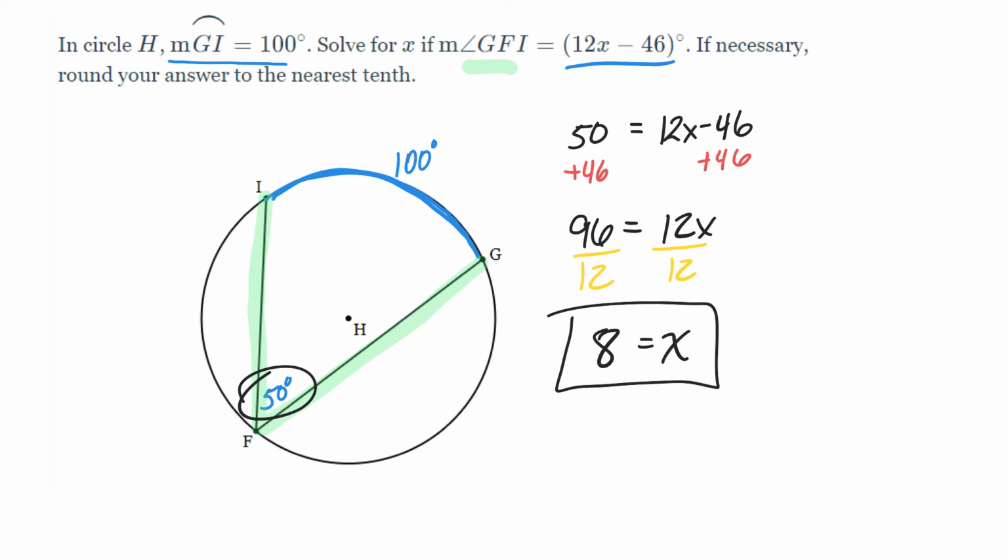As always, we need to go back and read our instructions, make sure we actually answer the question that was asked. And it says for circle H, GI is 100 degrees, solve for x. So we did solve for x, and x is equal to 8.